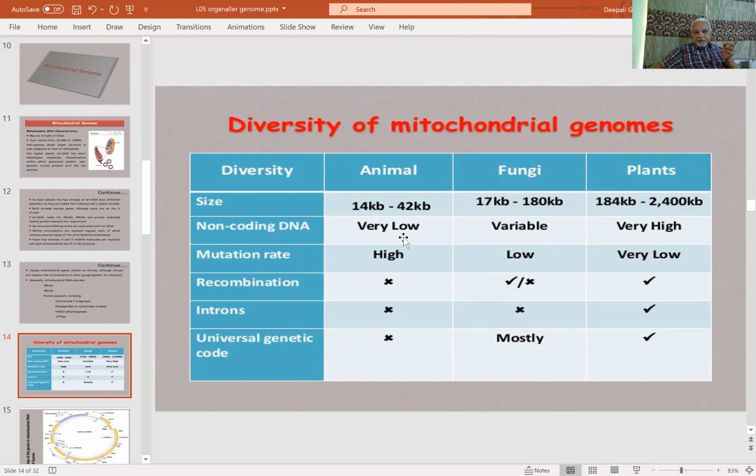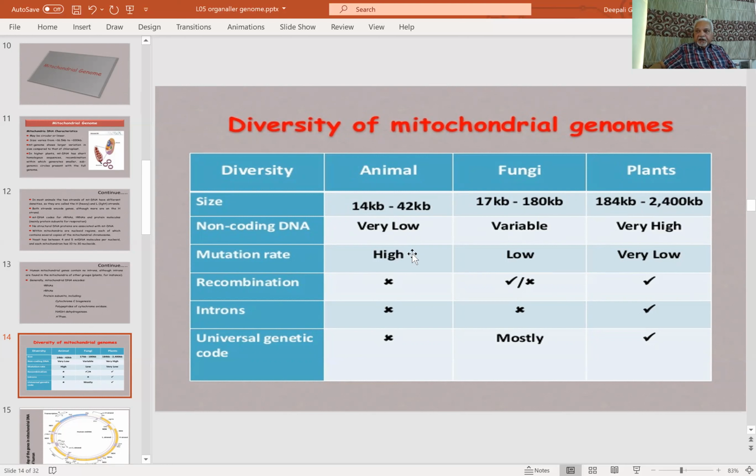And I discussed, if you recall, that in the nuclear genome you have a large portion which is non-coding, and the coding part represents 2 to 10%. Now, coming back to the non-coding part in the plant mitochondrial genome, it's pretty high, and it is variable in fungi. So animals have a very low non-coding region, whereas in plants, it's pretty high.